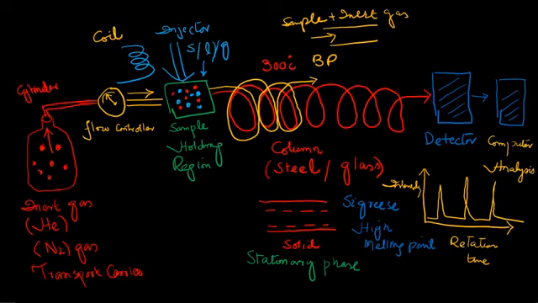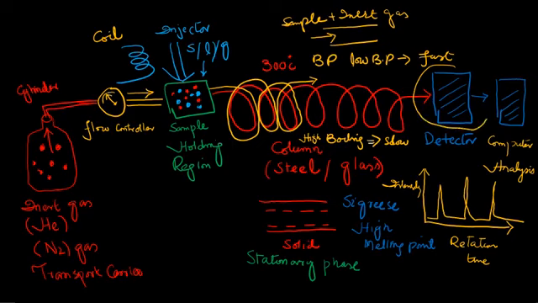If a molecule has a low boiling point, it will move fast. Similarly, if a molecule has a high boiling point, it will move slowly because it is not boiled, whereas the molecule with a low boiling point will reach the detector at rapid speed.